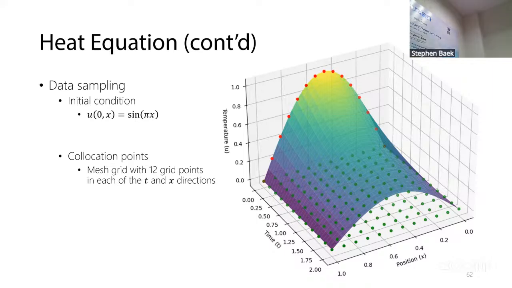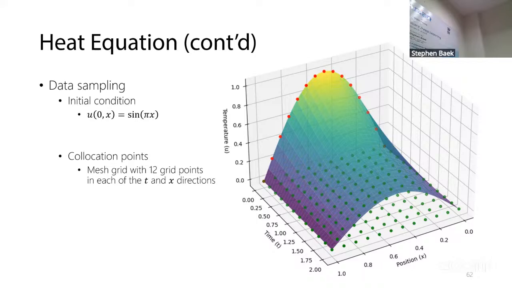Here's a more graphical view of what I just walked you through. We're going to actually see this in PyTorch after the break, but just to give you an idea, we have the initial condition, given already, and that is what defines the data loss.